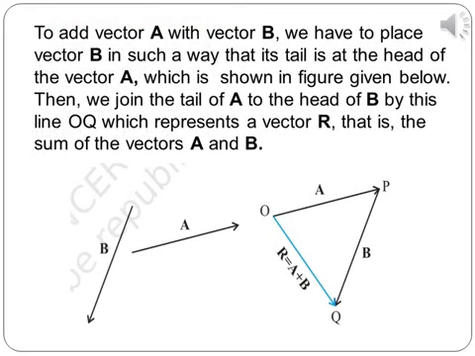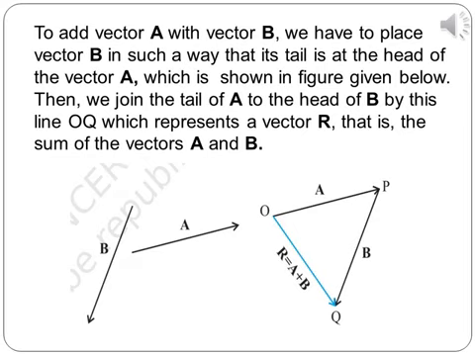To add the vector A with the vector B, you should shift the vector B parallel to itself towards the vector A and place it on the vector A in such a way that its tail is at the head of the vector A, which is shown in the given figure.